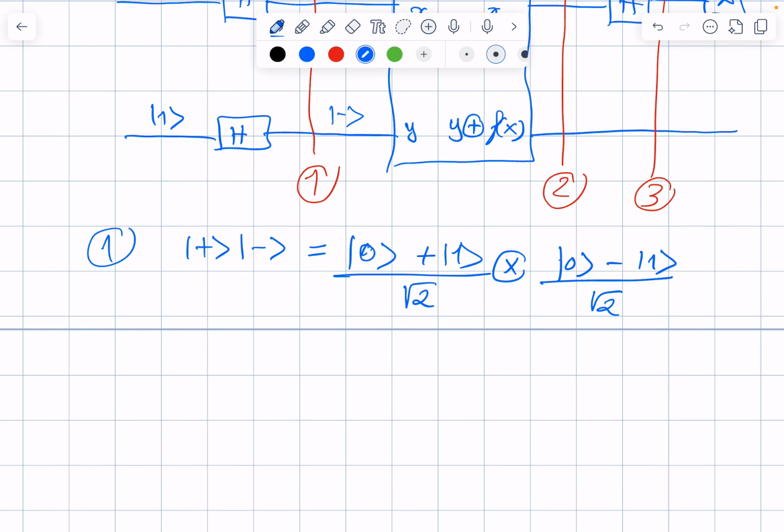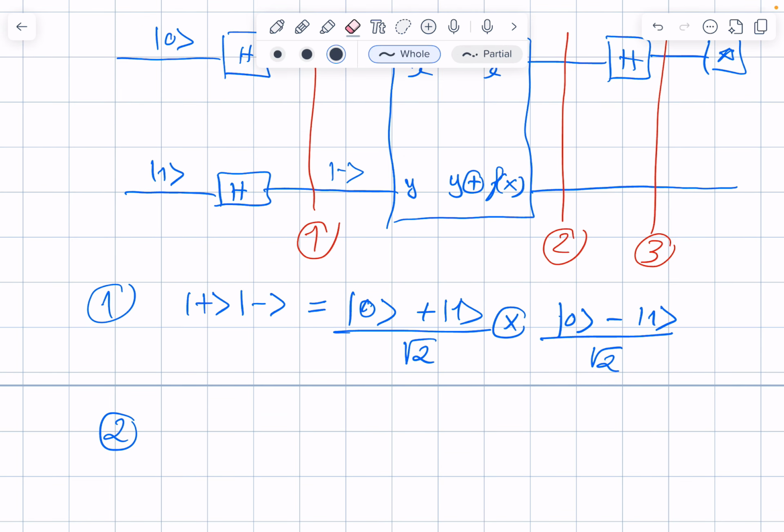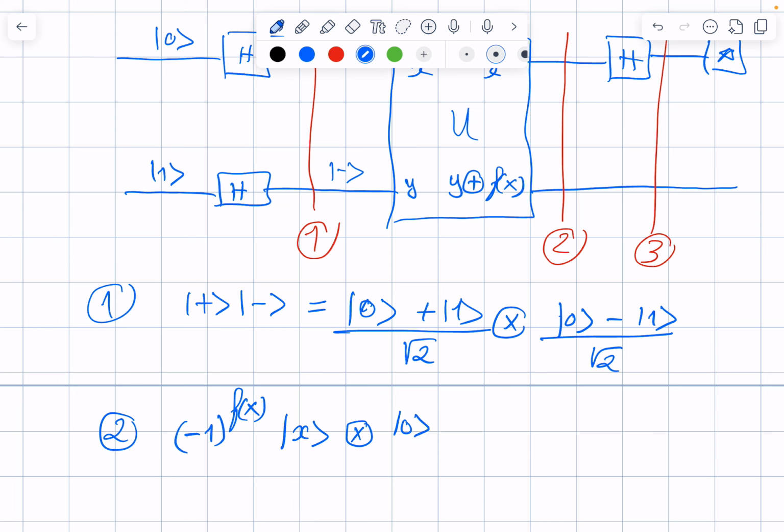Okay. At section 2, now we are going to use the formula we got before for after the oracle U. After U, I've just said before that we have minus 1 to the power f of x, which was before x. I'm going to use the same formula I just deduced, 0 minus 1 over square root 2. But here the x is the positive.